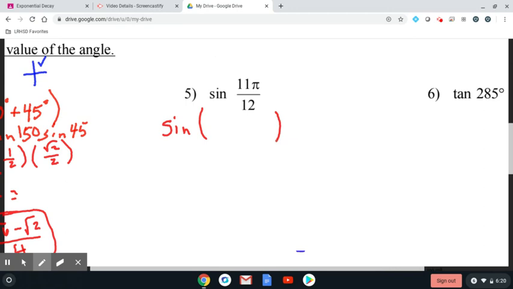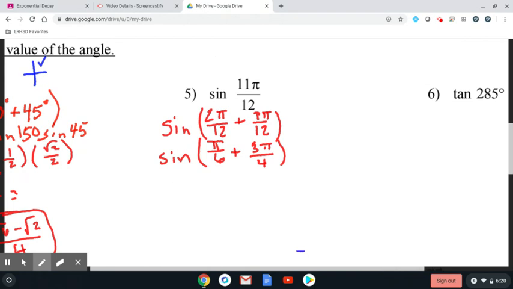So I'm going to split this up into 2 pi over 12 plus 9 pi over 12. And the reason that we can do this is because we know each of them are going to reduce to a special angle. The first one we know can reduce to pi over 6, and our second angle we know can reduce to 3 pi over 4.